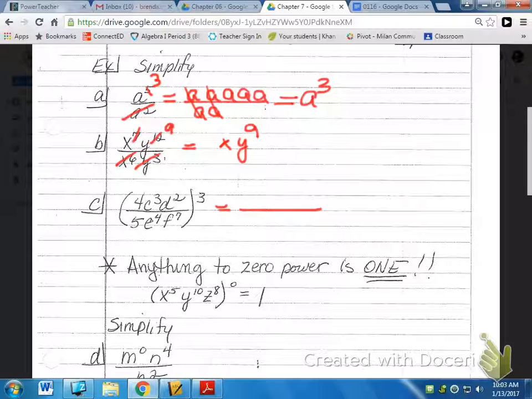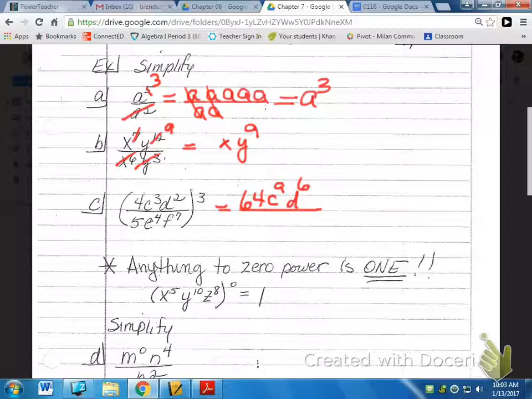Okay, Ethan, what would 4 to the 3rd power be? 64. And what about c to the 3rd? What would that become? c to the 9th. And then d squared would become? d to the 6th.